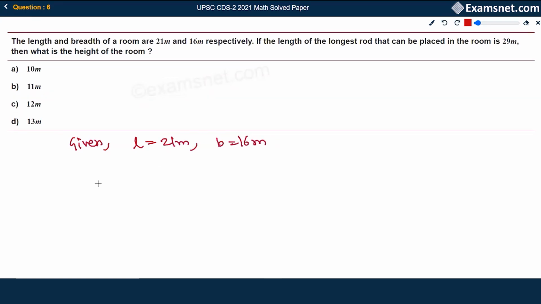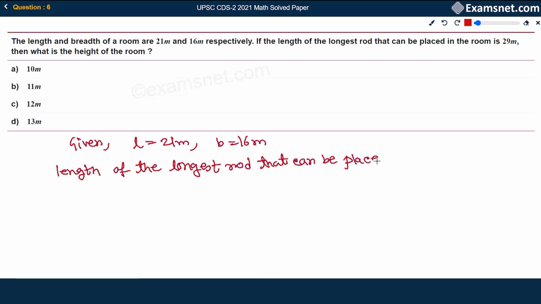And the length of the longest rod that can be placed in the room is 29 meter. Now, what did I mention diagonally? Because we know that the length of the longest rod that can be placed in a room is the diagonal of the room.